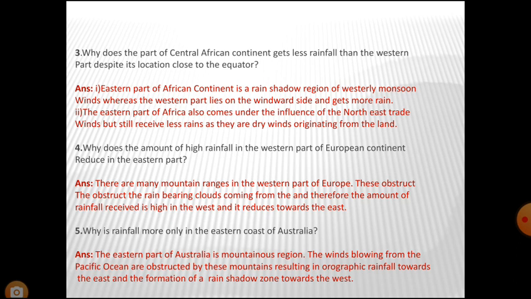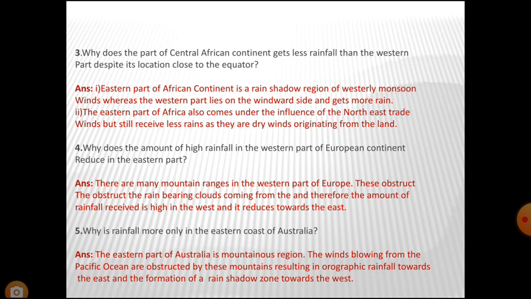The eastern part of Africa also comes under the influence of the northeast trade winds but still receives less rain as they are dry winds. Dry winds means leeward winds originating from the land.